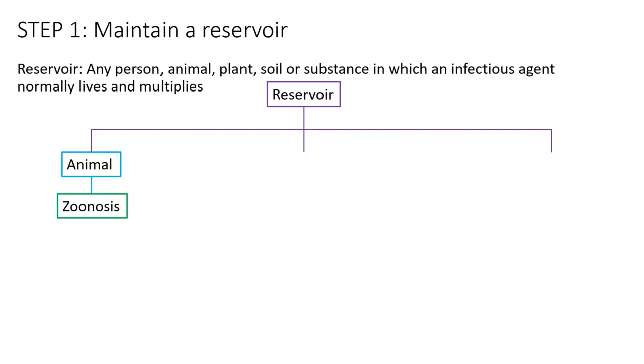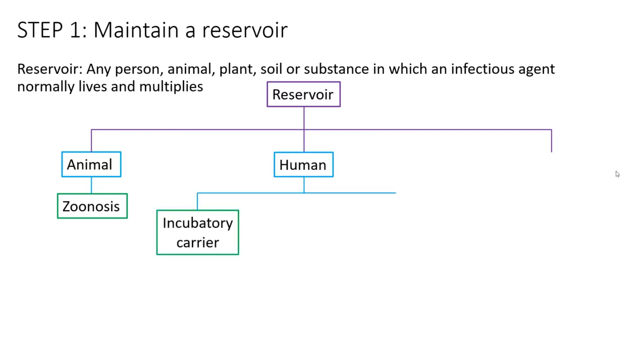Okay, so animal reservoirs is just where the pathogen naturally can be found inside of an animal. Human reservoirs, so many infectious diseases actually have humans as their reservoir. And so in these instances, the disease can be passed from one individual to another without any kind of intermediary.